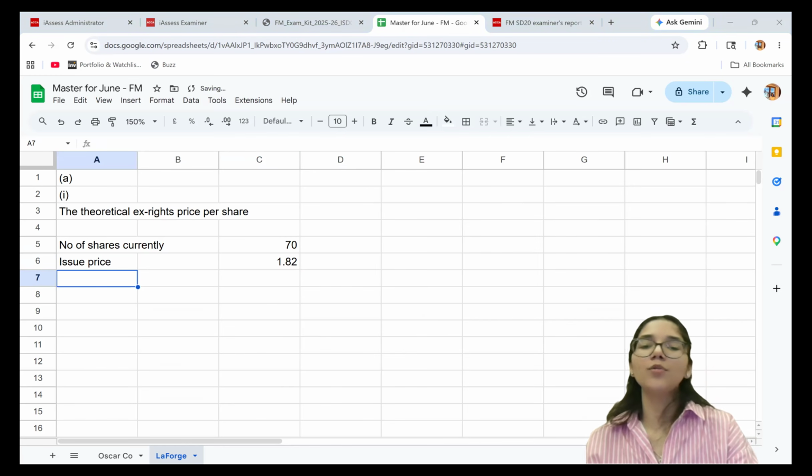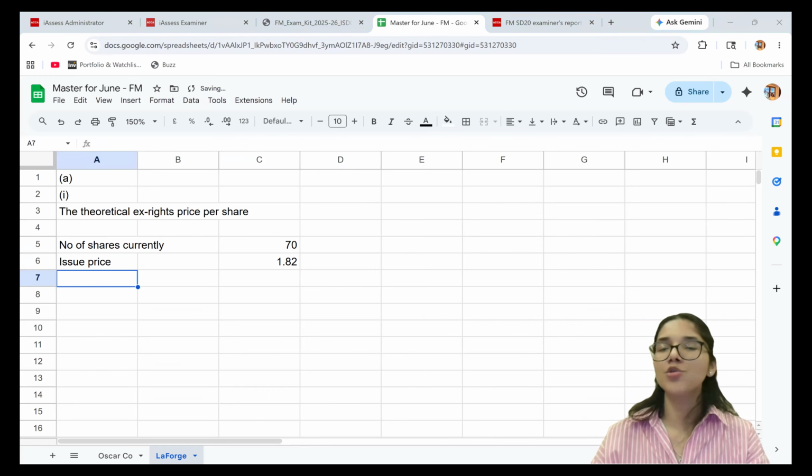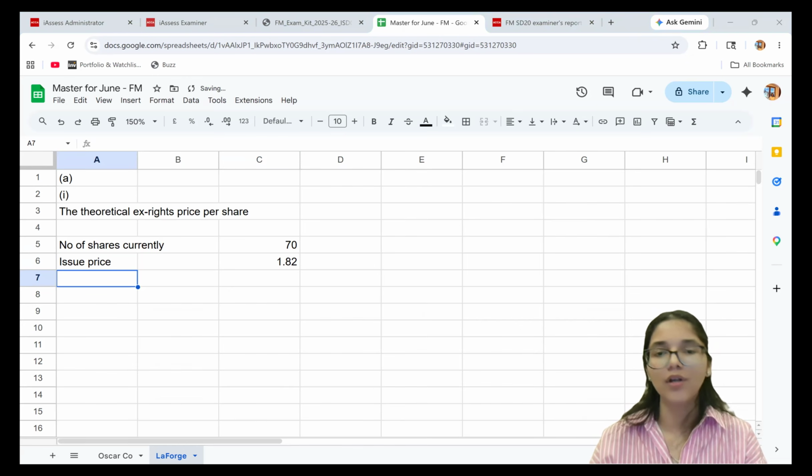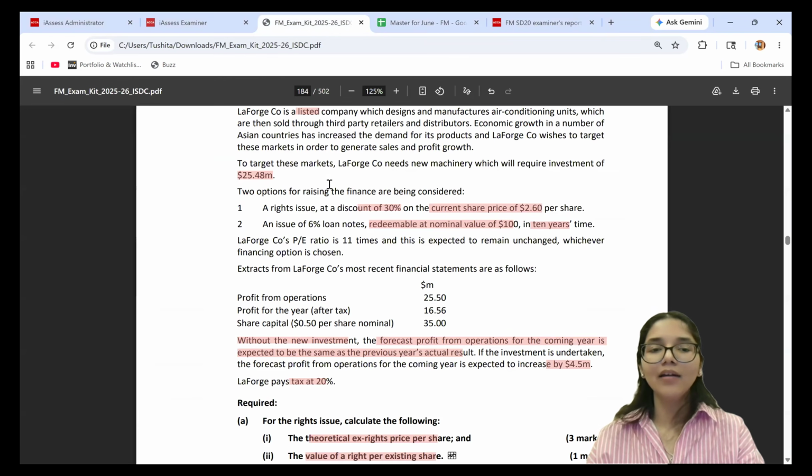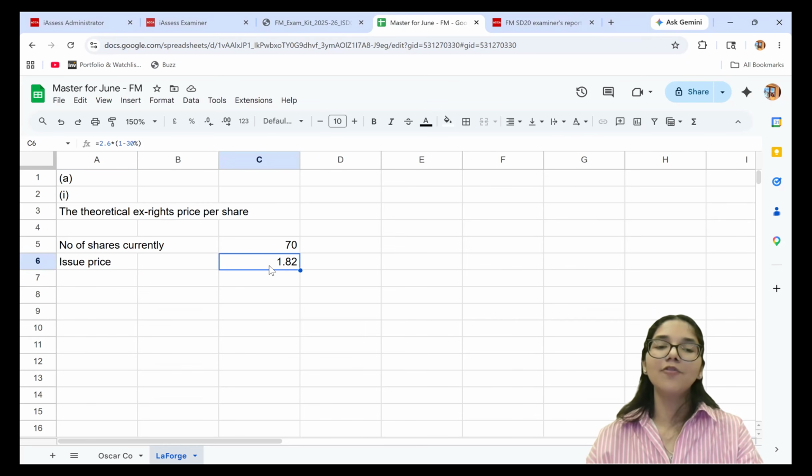So 1.82 is the price at which I'm going to issue these shares to my shareholders. Now guys, I need a total of this much amount of money. If one share I'm selling for this many dollars, how many shares will I need to sell?